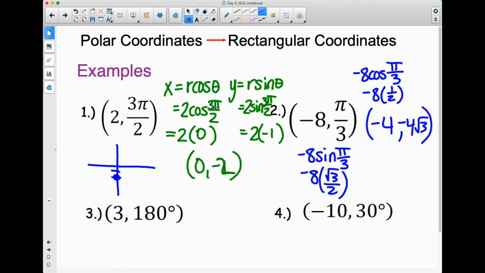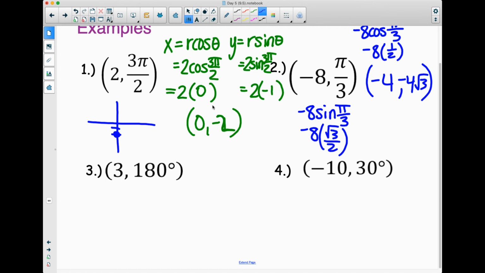Okay, we can plot the point 3, 180 degrees and save us some work here, and have the ordered pair -3, 0. Same thing if you had plugged it in with the formulas, you would have gotten the same thing.